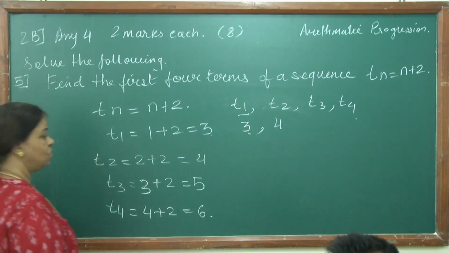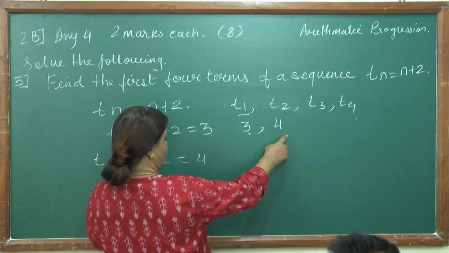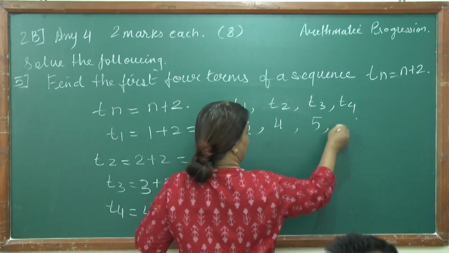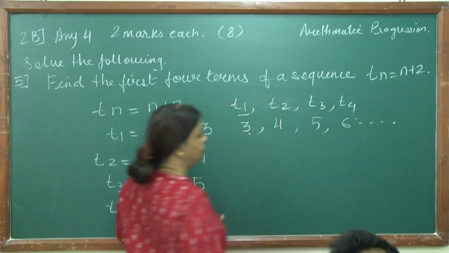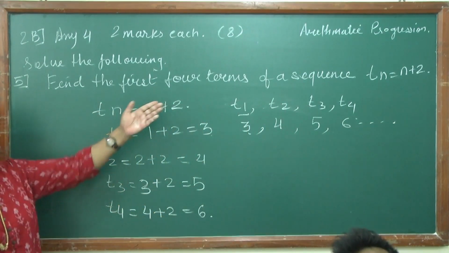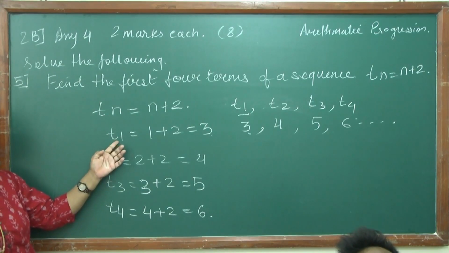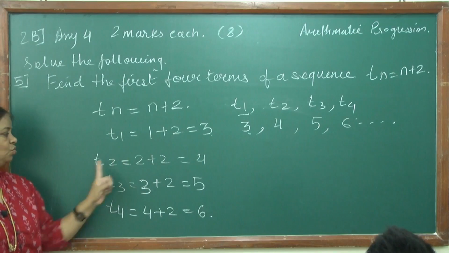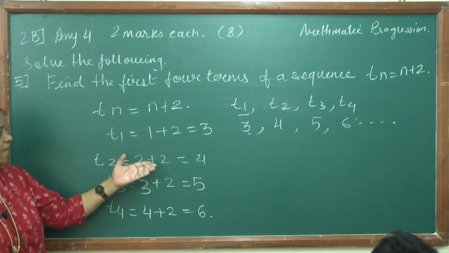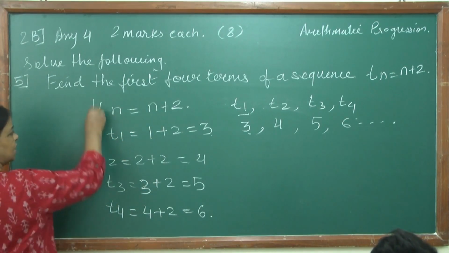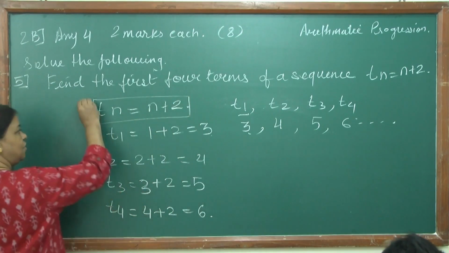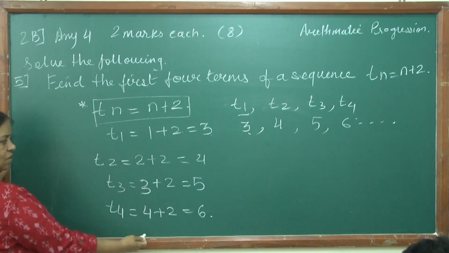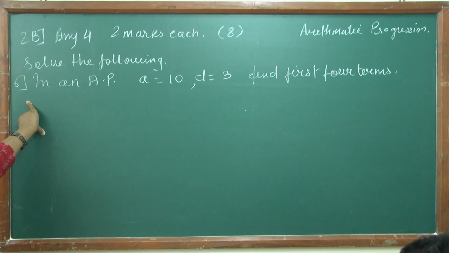So your first 4 terms are 3, 4, 5 and 6. You just have to use the formula and write down the terms. T1 means 1 plus 2, T2 means 2 plus 2. Why? Because this formula is given. The sequence formula is already given. And you have to make use of this and then find out all. Sixth question, in an AP, A is given 10 and D is given 3.